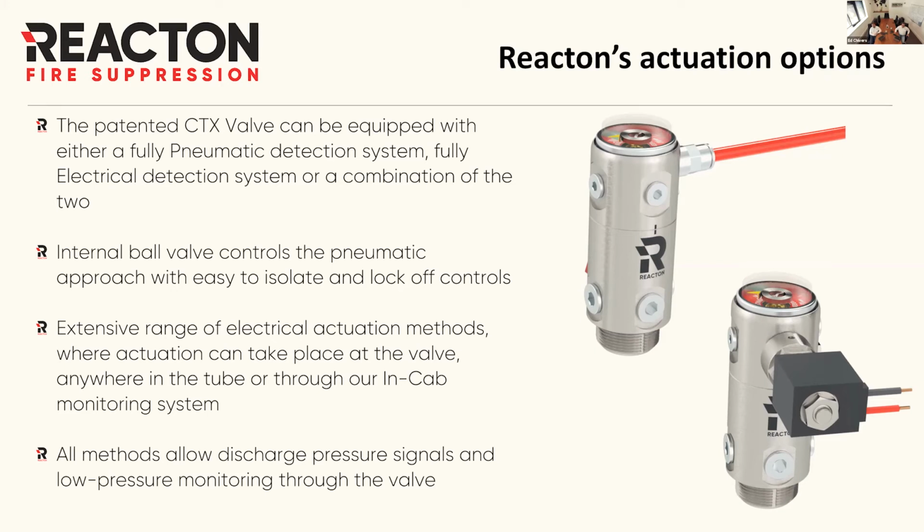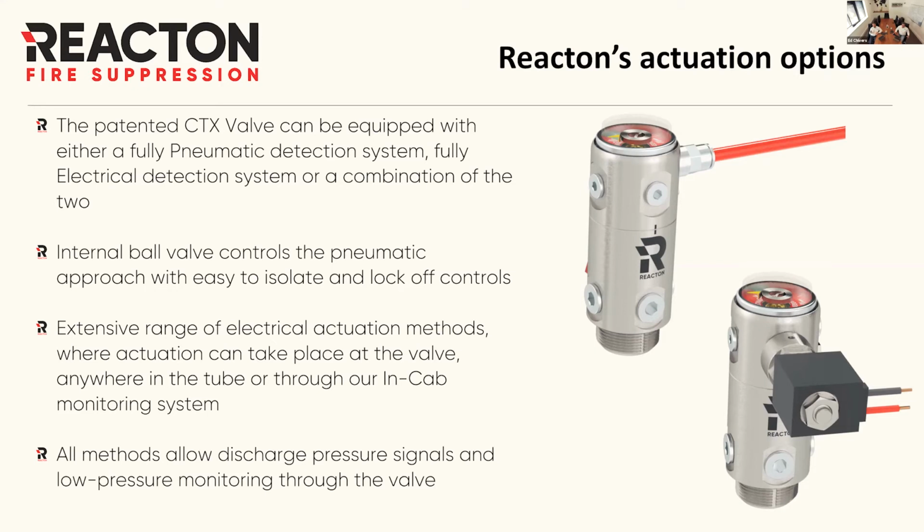We've got an extensive range of electrical actuation methods. We can see one at the bottom there where we've got the solenoid attached to our solenoid adapter. These are very small solenoids. We've specially designed these for ourselves, and all this is doing is venting the chamber on the top of the valve, which allows the piston to move up.